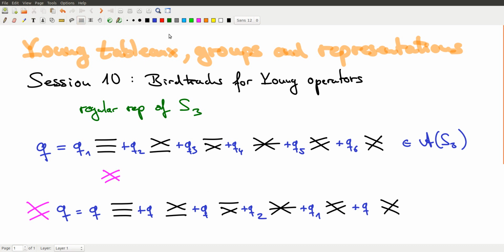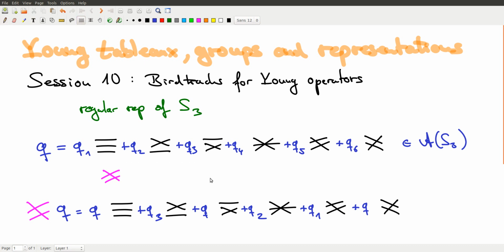Now if you multiply with the next transposition, it's this one, then what do we get? Hopla. The last one goes here. So the Q3 coefficient goes here, in the second place.